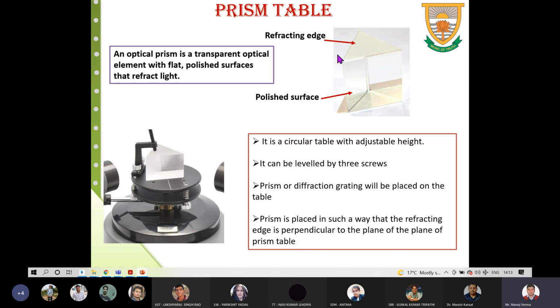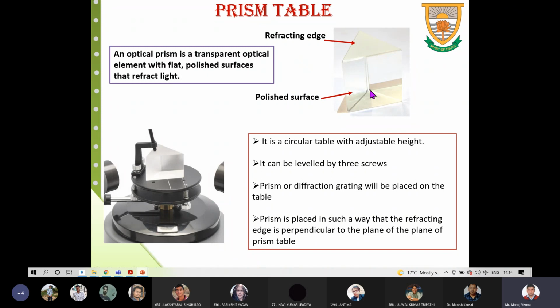So if I talk about the prism, it will have different faces. Out of these different faces, two faces will be transparent, and one face will be rough. Just like this, you can see the above surface is a rough surface and these are polished surfaces.